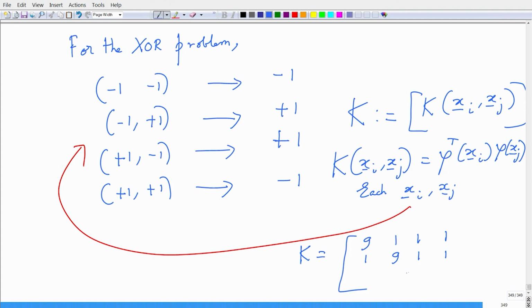That is, I have the element 9 along the diagonal and every other element is a 1. Okay. This is a straightforward computation because I have to evaluate phi of xi and phi of xj over these points. For every possible pair of points I have 4 points. So, I get a 4 by 4 matrix, and this is what I have over the points for the XOR problem.